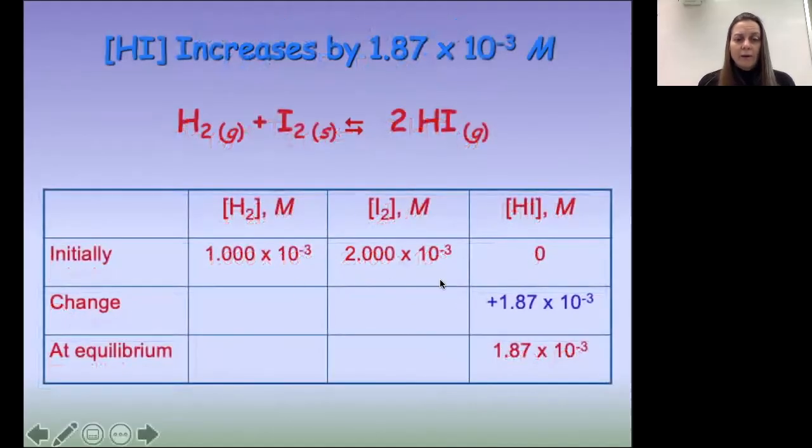Now, we know also from stoichiometry that for every 2 moles of hydrogen iodide that appear, 1 mole of iodine disappears. And so we can figure out that these 2 numbers, these changes, should be half of this change and should have an opposite sign.